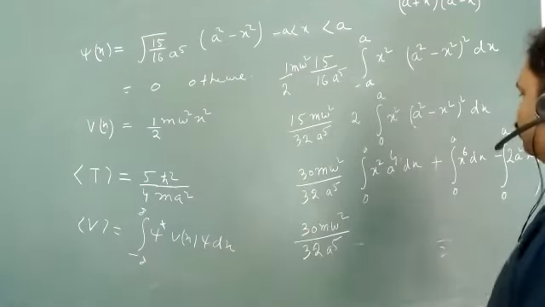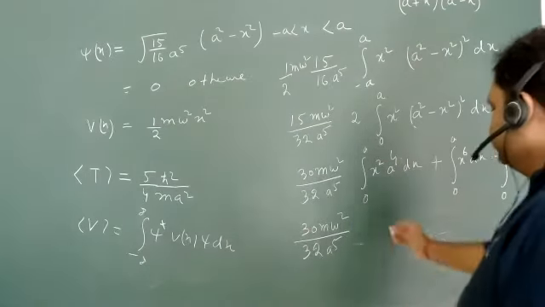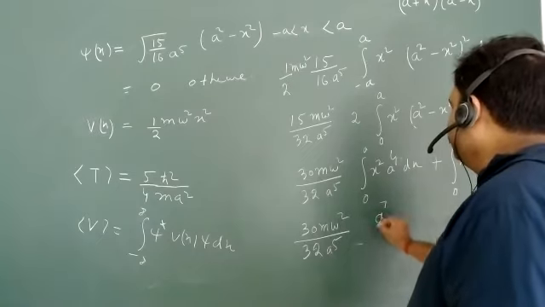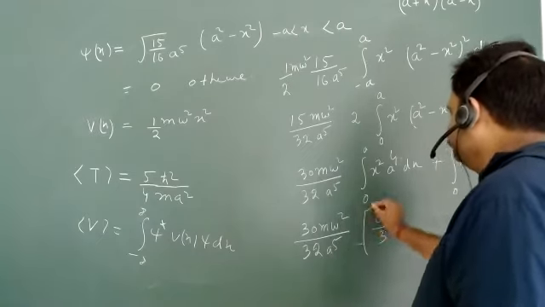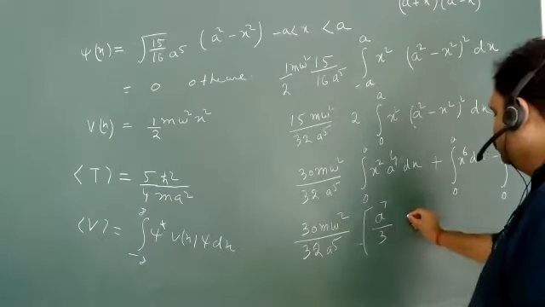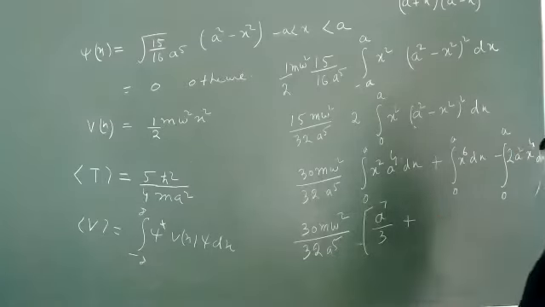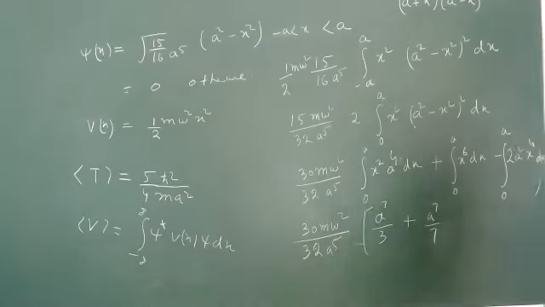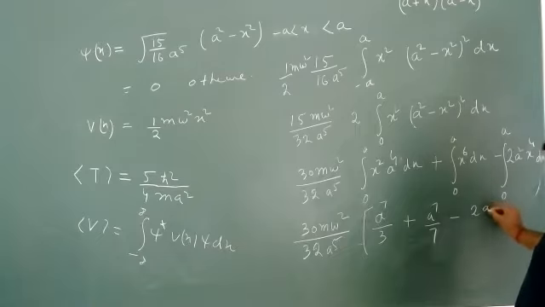Okay. So what is this value? This value is a to the power 7 by 3, plus a to the power 7 by 7, and here minus 2a to the power 7 by 5.